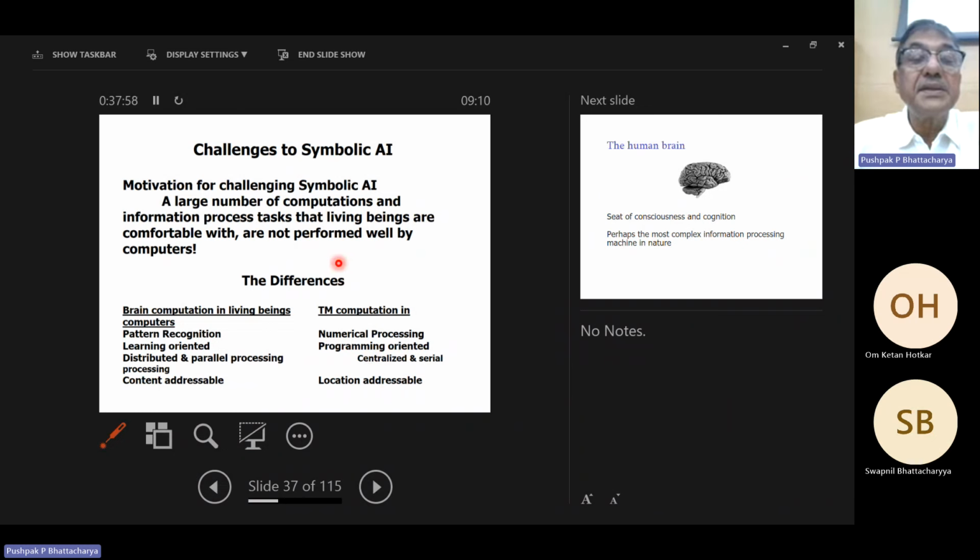Now, we have seen that the claim that many things living beings are comfortable with are not performed well by computers is not true anymore. Okay, because for example, we are seeing that deep learning systems are excellent in language processing, scene understanding, classification, and so on, which was not the case some 30, 40 years back.